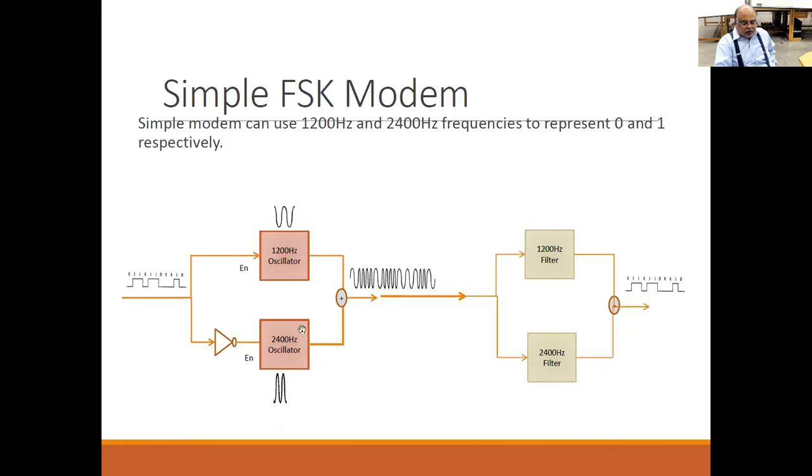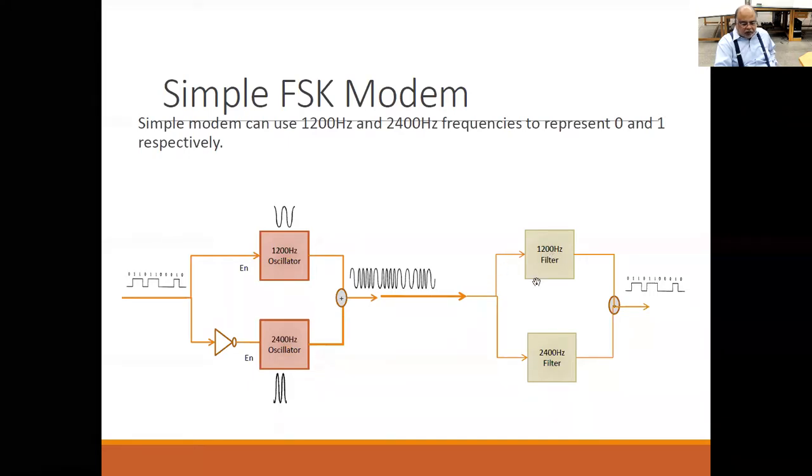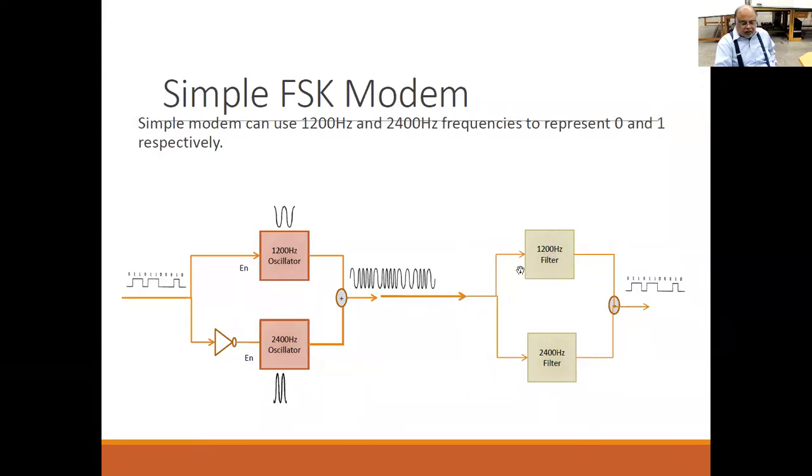These two frequencies are transmitted, and on the receiver end you have two filters, each giving output one only when the signal contains its frequency, 1200 hertz or 2400 hertz. They were combined together to recover the original waveform. This was called the simple FSK modem.